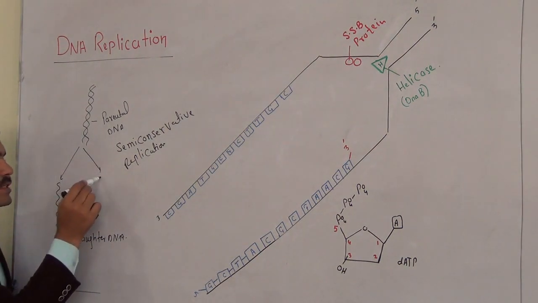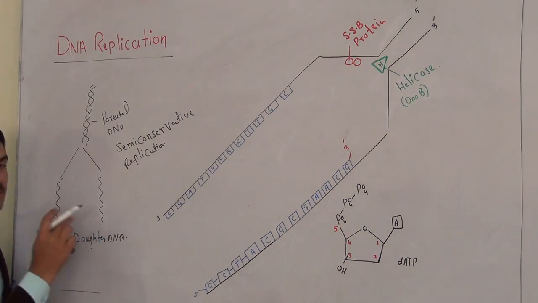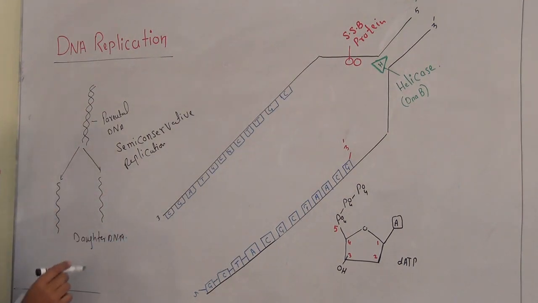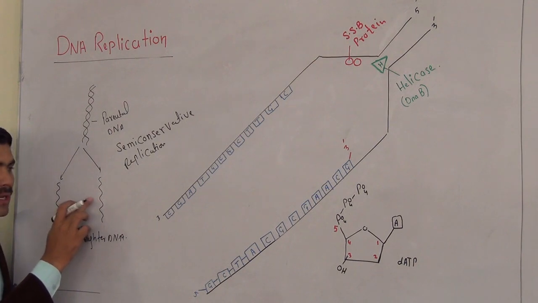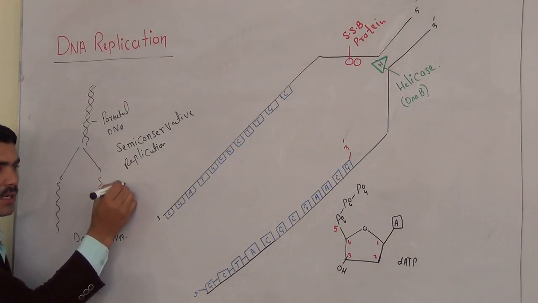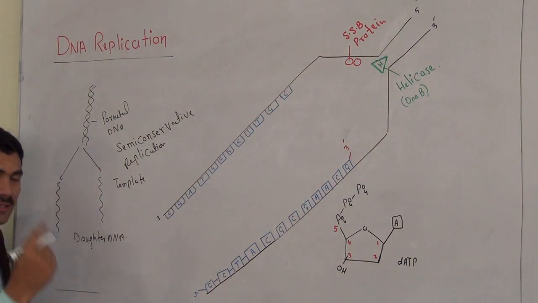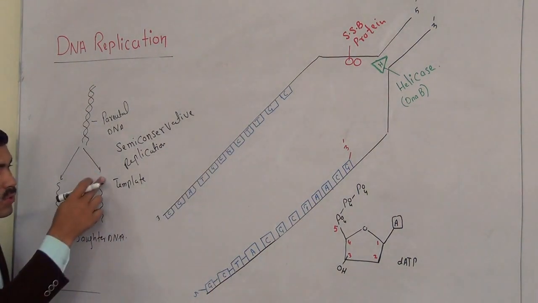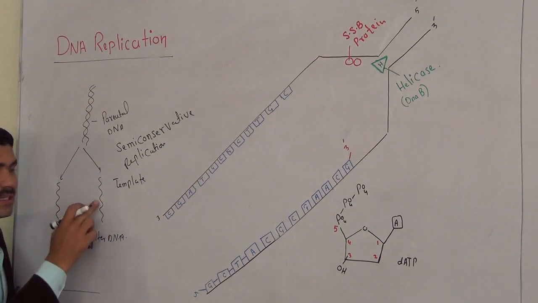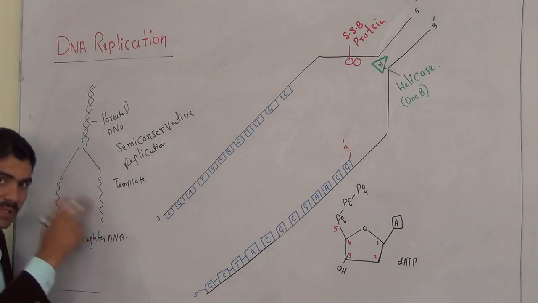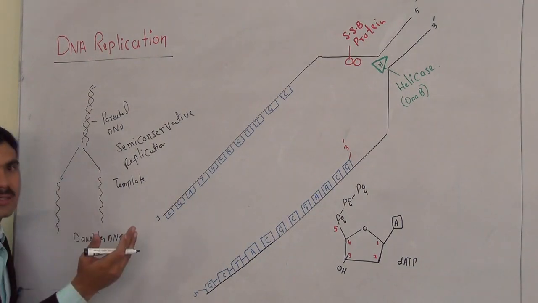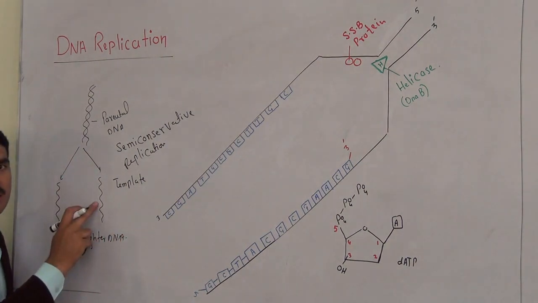Each strand will act as a template. A template means a single strand which will give us one more strand in the future. With the help of this one strand we will get another strand, therefore it is called a template.